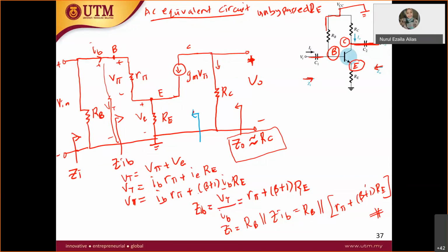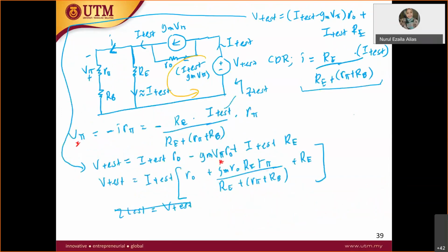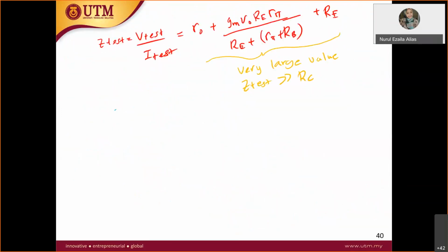Sorry, students. So Z out is actually equal to RC parallel with Z test. Since Z test is very, very large, if you do the parallel thing, 1 divided by Z test is very small, so you will get a value approximately equal to 0. Finally, that's why Z naught is equivalent to the RC.